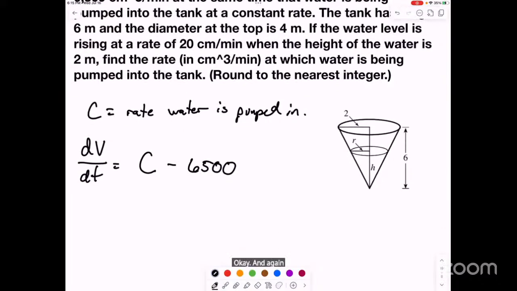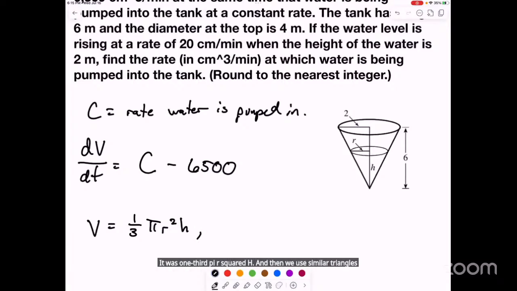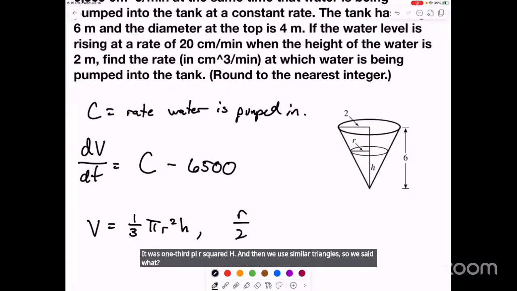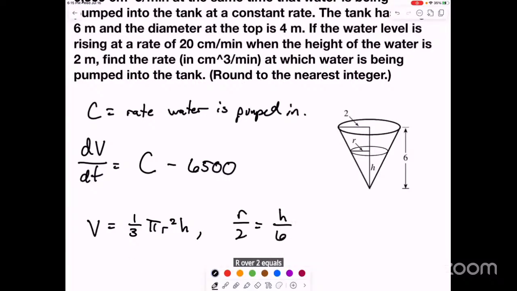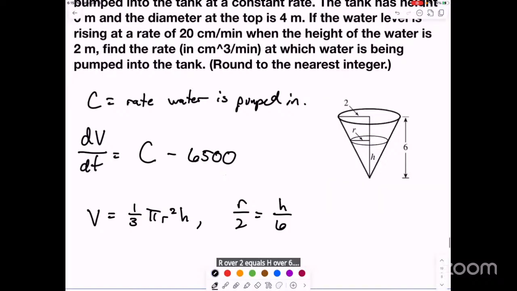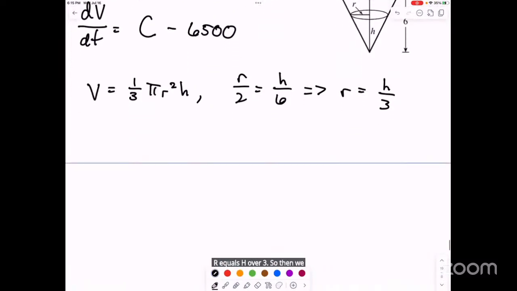And again, I'm just going to redo this. Let me see. The volume was 1/3 pi r squared h. And then we use similar triangles. So we said what? R over 2 equals h over 6. So then R equals h over 3. So then we took that and plugged it into our volume formula. 1/3 pi h over 3 squared times h.